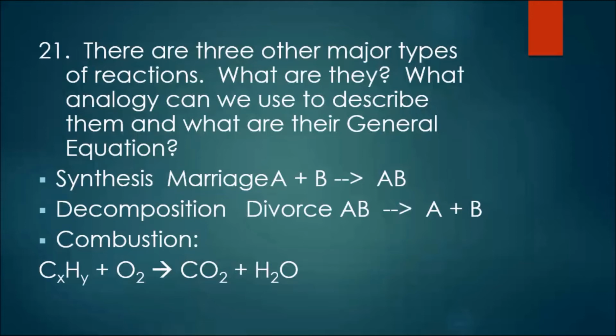Lighting you on fire. So now you have the complete story. They got married, they got a divorce because you cheated on her with her best friend, and then she lit you on fire. That's combustion. And that was the first type of reaction that we learned, wasn't it?